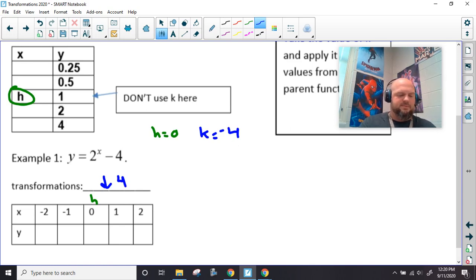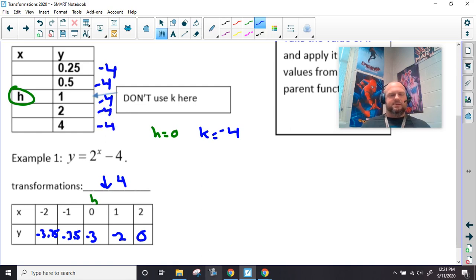So 0.25 minus 4 gives me negative 3.75. Then 0.5 minus 4, negative 3.5. Then 1, well, this should be negative 3. So 2 minus 4 should be negative 2, and then this should be 0.